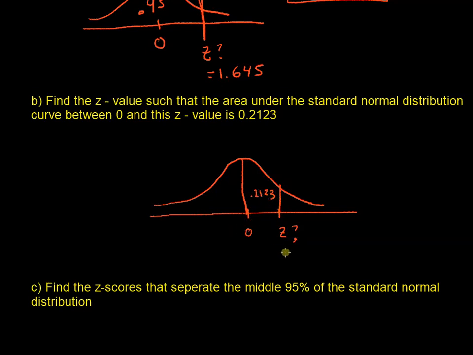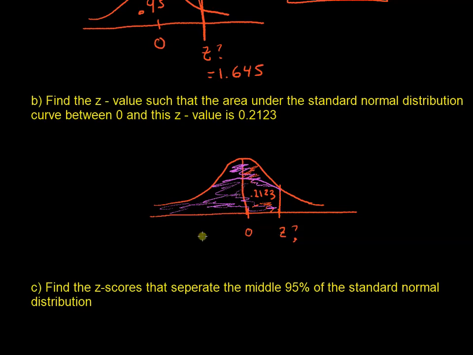Now, when I go to my table, I can't look up 0.2123, because the table doesn't give the areas between 0 and some number. The table gives the area behind the z-value, all of the area behind whatever this z-value is.